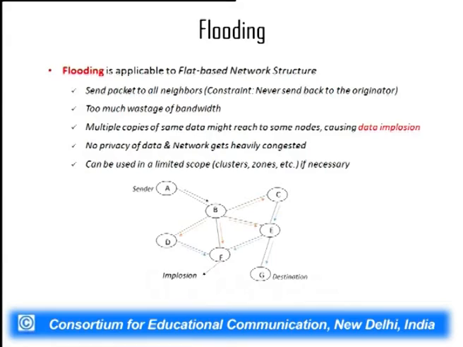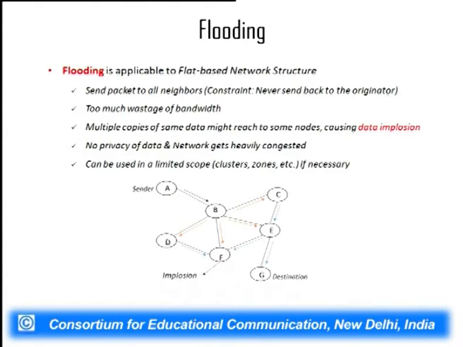Whenever a node has a packet, it will send it to all its neighbors. For example, in this figure, A is the sender and it has to send a packet to G. So how is the packet going to get routed from node A to G? There can be different strategies to find the shortest path and make the packet available at node G. But according to flooding, node A will try to find out who its neighbors are.